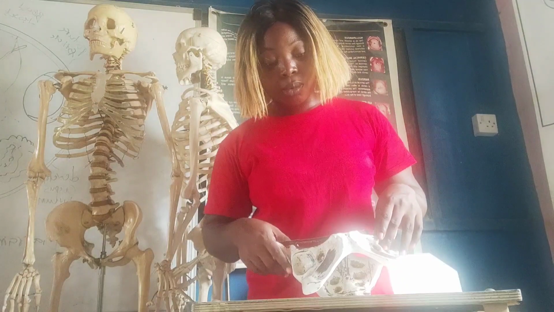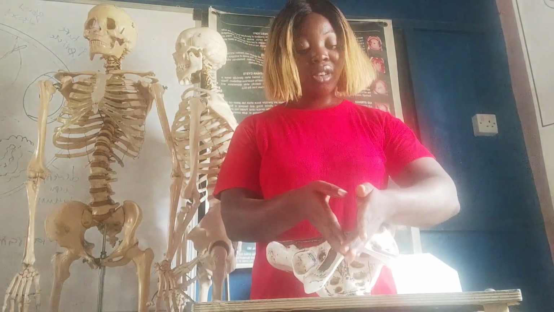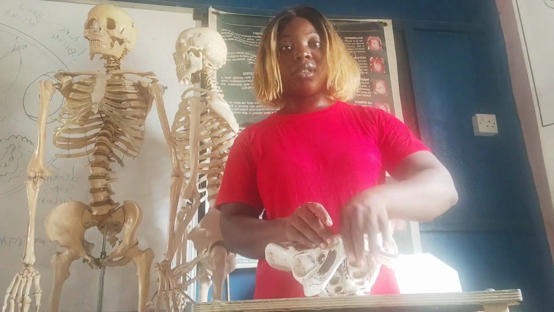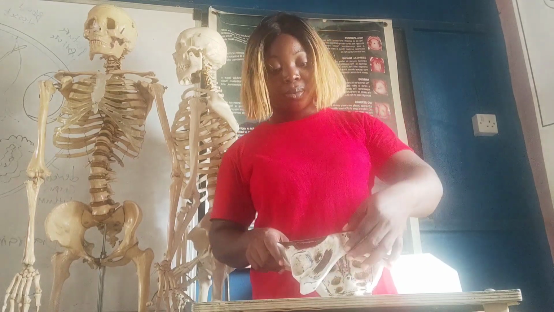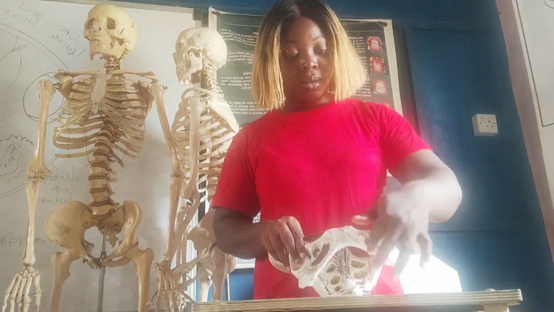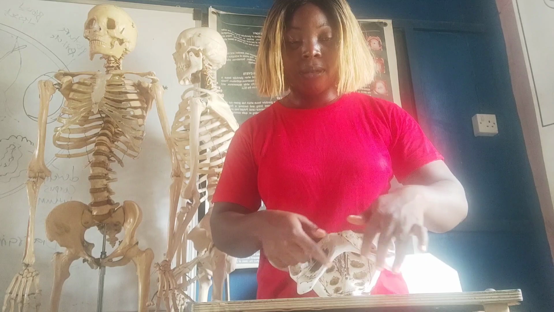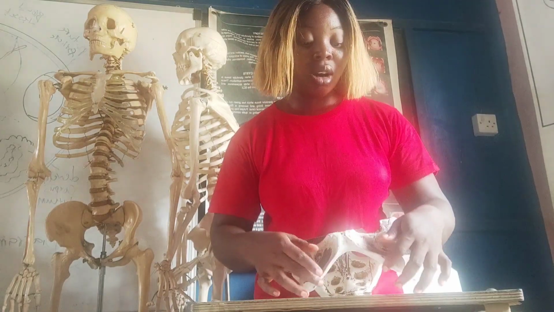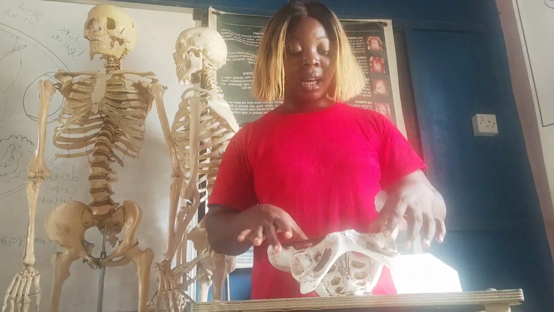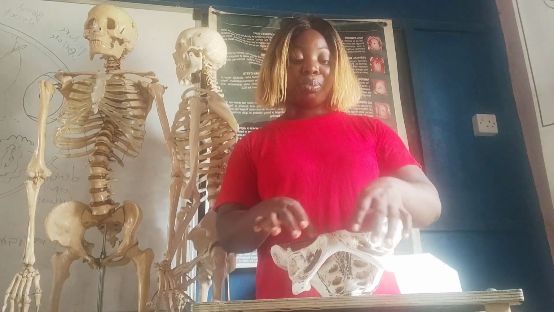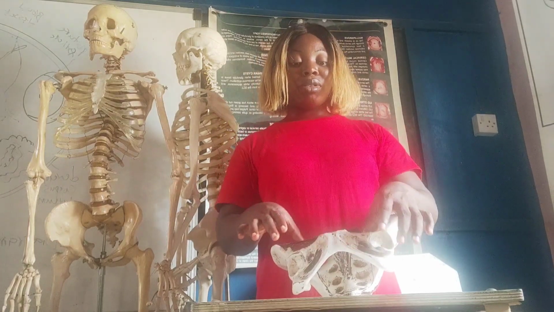The 2 pubic bones join together to form this symphysis pubis, and we have the 2 inferior rami. These come together to form the pubic arch, and we have the superior ramus of the pubic bone.